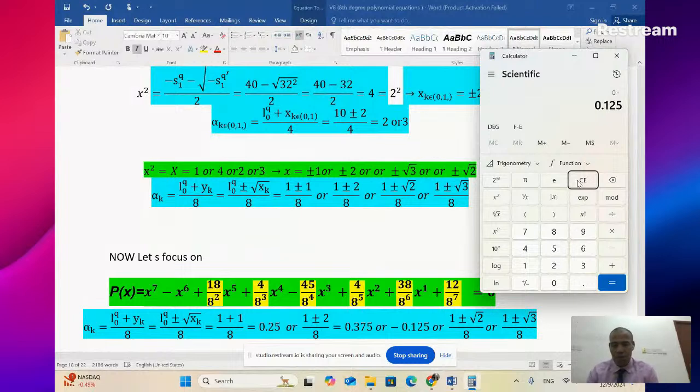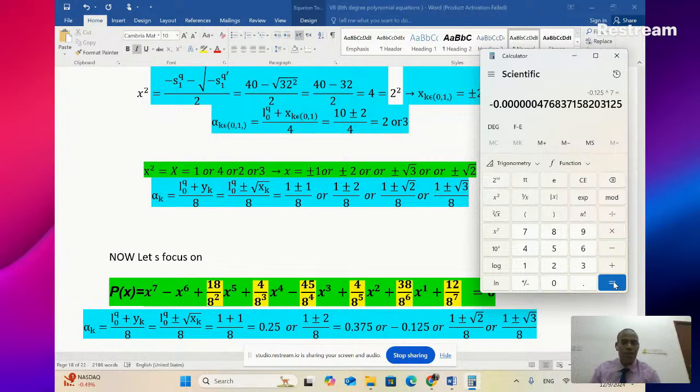Of course, I will use Control A, Control C to copy it. So this one, I will raise to the power 7, equal.